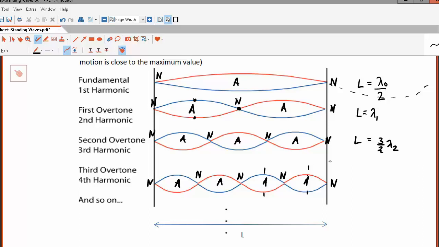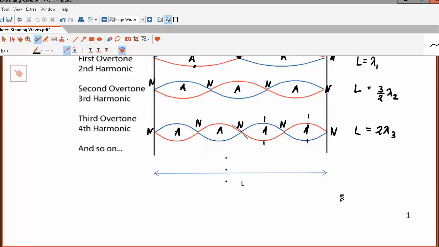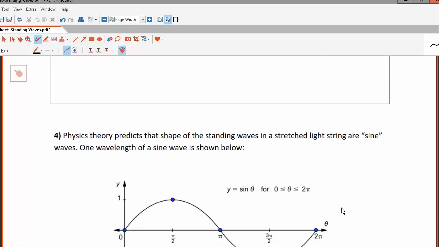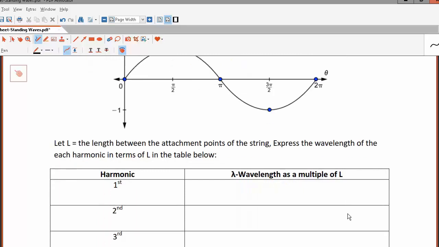And here we can see that the length of the string from there to there is equal to 2 wavelengths of the third overtone. And we can put these results into our table.